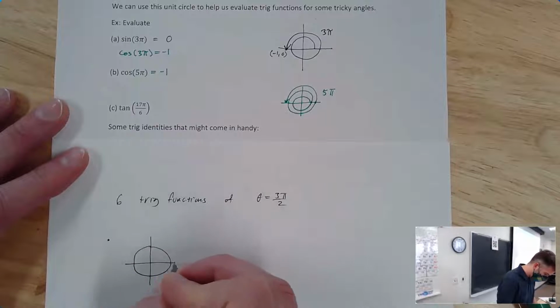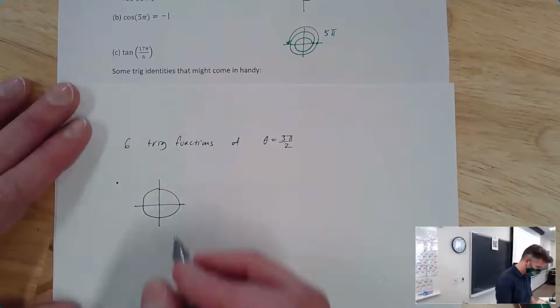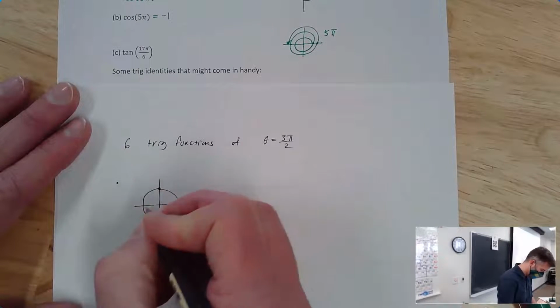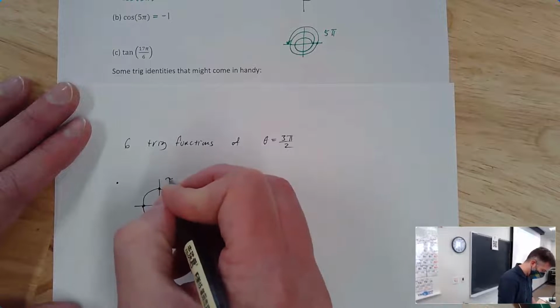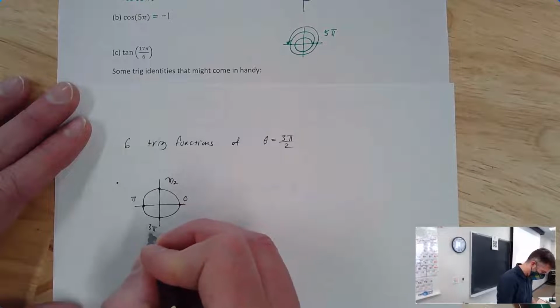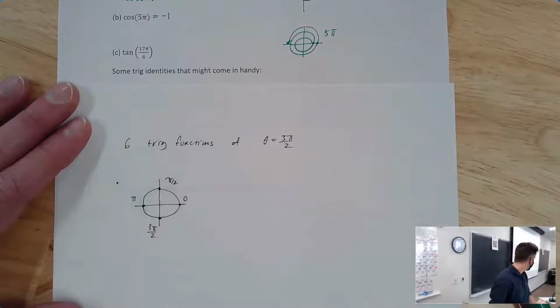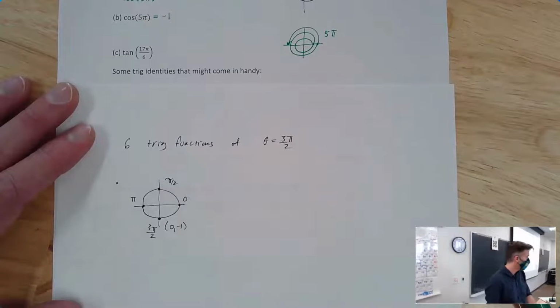So 3 pi over 2 is at the top, bottom, left, or right? Let's see, that angle is 0. That's pi over 2. Pi. That's 3 pi over 2. So what's the point there on the unit circle? Right, the x coordinate's 0, the y coordinate's -1.